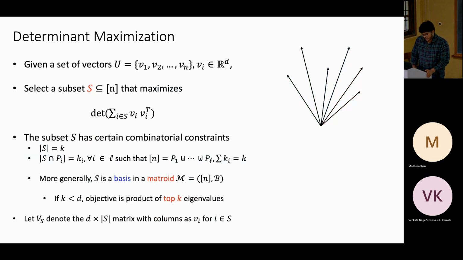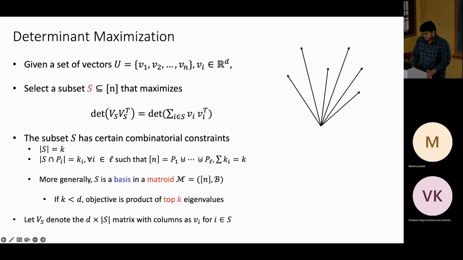So when k is less than d, as of now the objective is V_S V_S transpose, but you can think of the objective as V_S transpose V_S, because the product of top k eigenvalues will be the determinant of the inner product matrix by similarity.